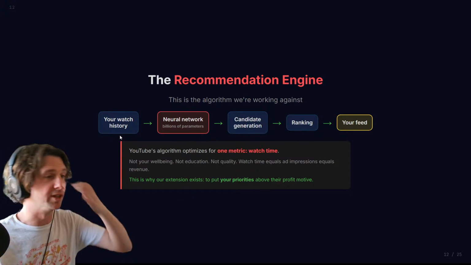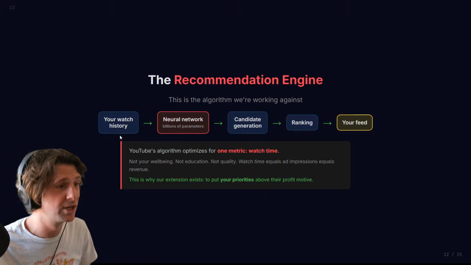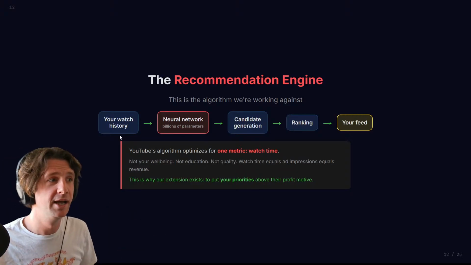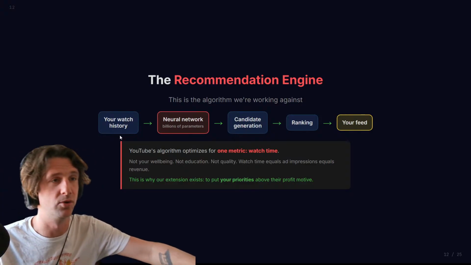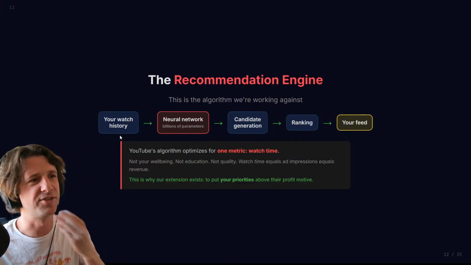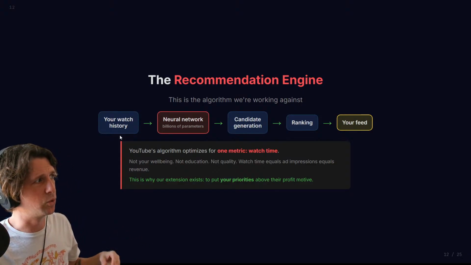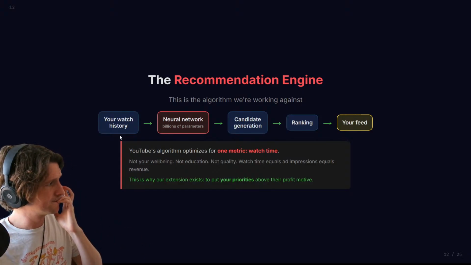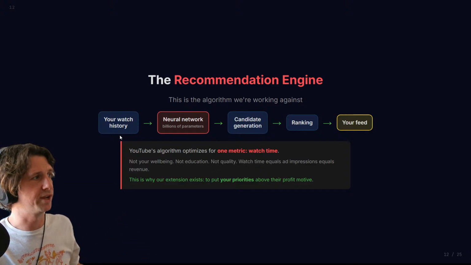Will YouTube release exactly how their algorithm works? Probably never, right? We won't get the YouTube monolith. We will not get the Google monolith. There was somebody who kind of did it with Twitter. I think it was a designer working on Twitter.